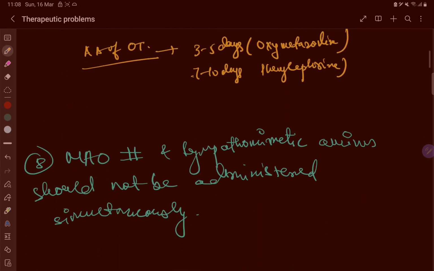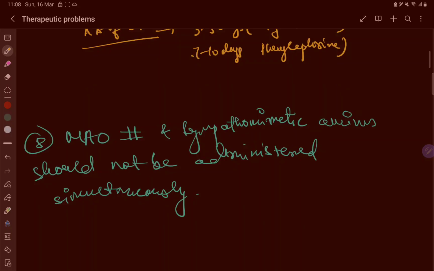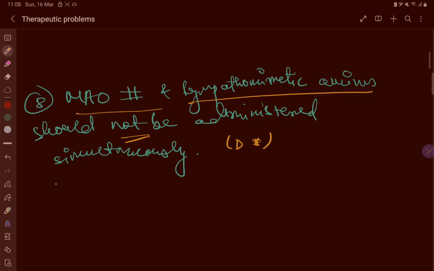Now MAO inhibitors and sympathomimetic amines should not be administered simultaneously. So it is a drug interaction. What happens if both are used together? Now with MAO inhibitors, you have to understand there are a lot, MAO A, MAO B, and I'm not discussing all, but administering both can lead to hypertensive crisis.